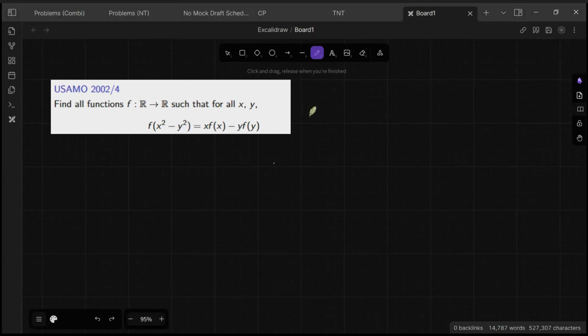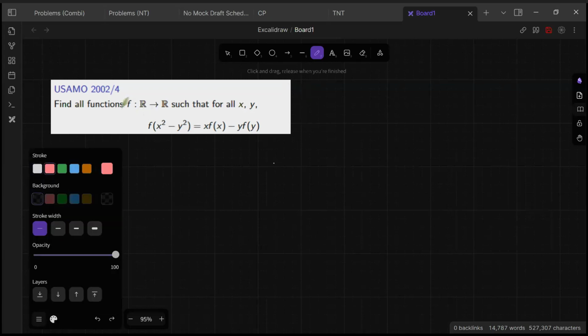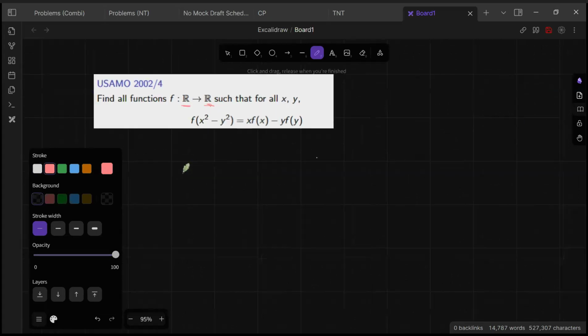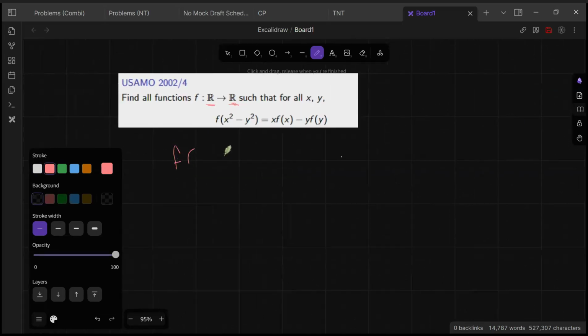So in general, for a functional equation like this, what you want to do is first of all substitute zero, especially when you're given R. Also, x equal to y gives f of 0 equal to 0. Again, I'll denote by P of x comma y the assertion.